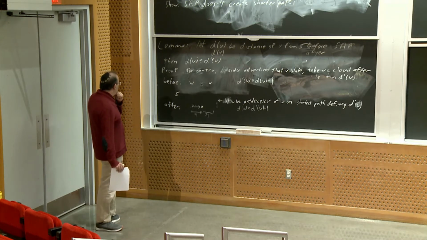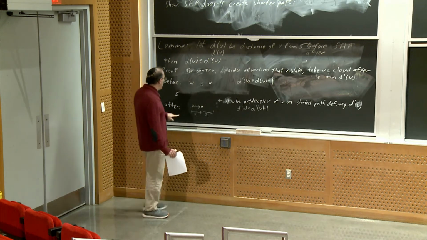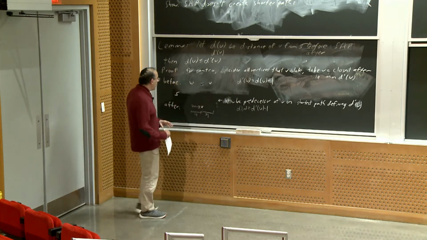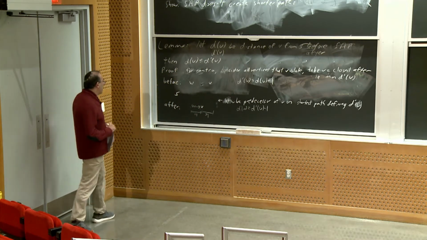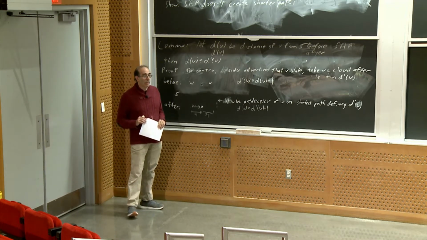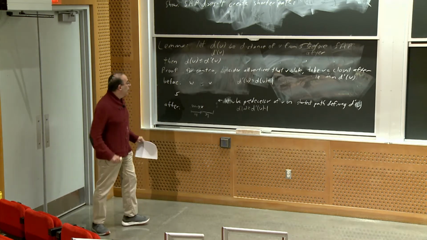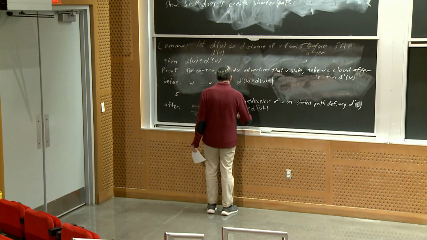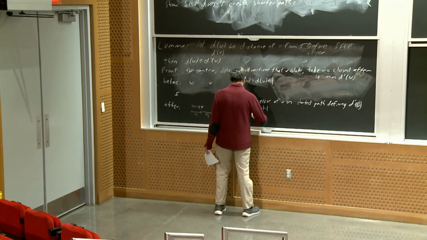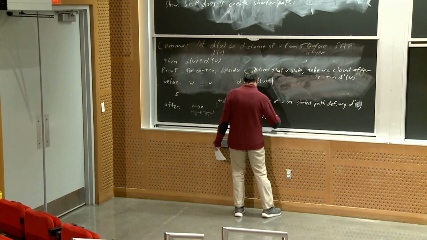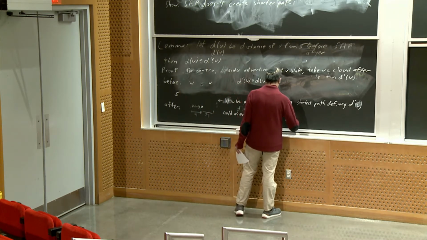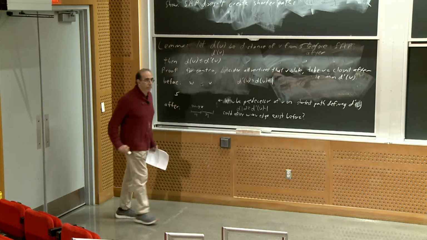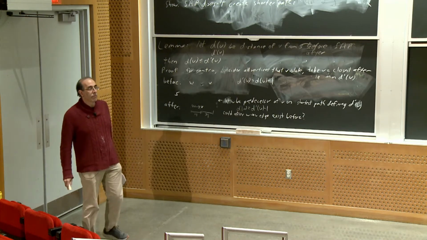Okay. Now, the next question we have to ask is, how did we end up with this situation that afterwards there is an edge from W to V? Okay. So could the after edge exist before the augmentation? Yeah?